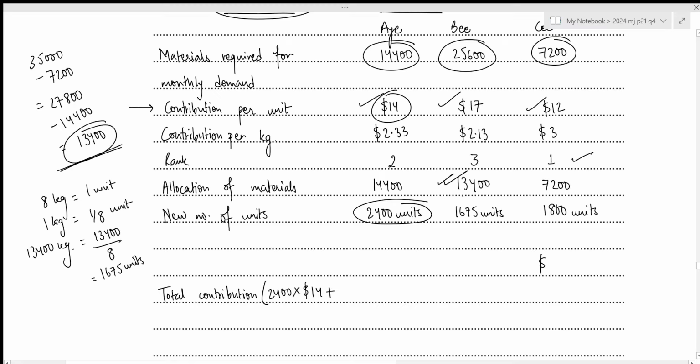Similarly, for product B, we will be making 1,675 units and we have a contribution per unit of 17. And for product C, we will be making 1,800 units where the contribution per unit is 12. This results in the total contribution to be 83,675.